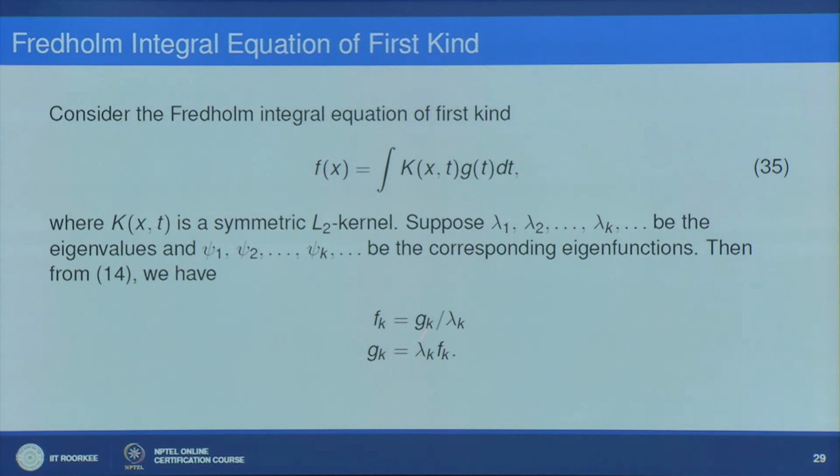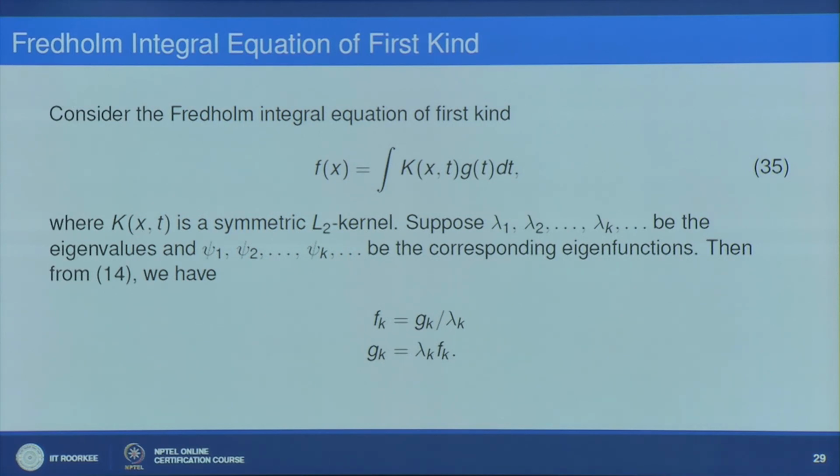Now if you look at the unknown function, in the first kind we are assuming that g is the unknown function which we are discussing. So how to construct this unknown function from the Fourier coefficients of g?